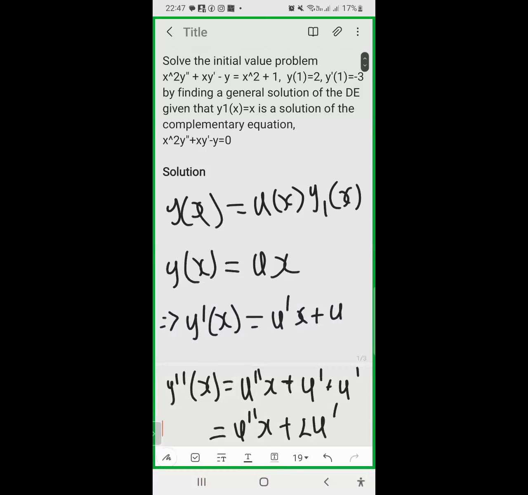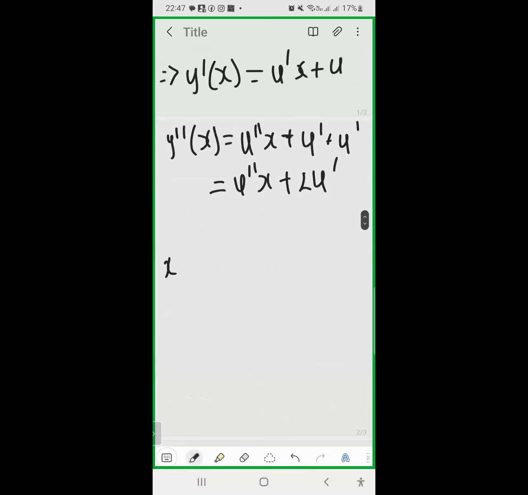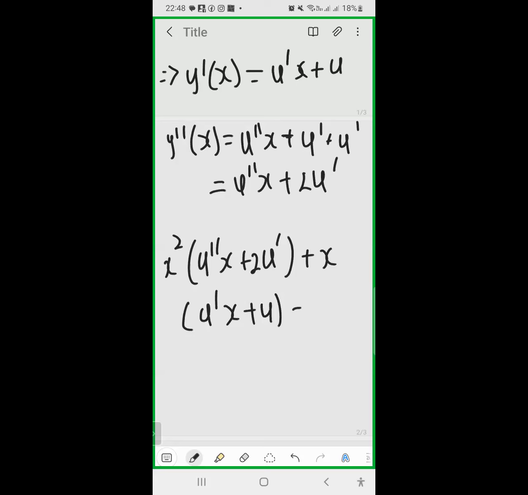So when I have x squared multiplied by y double prime, which we found to be u double prime x plus 2 u prime, and then plus x multiplied by y prime, which we found to be u prime x plus u, minus y, which is u of x multiplied by x.